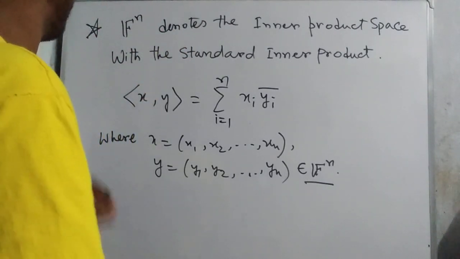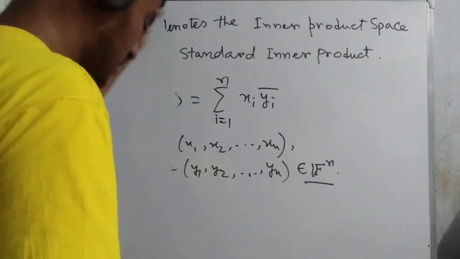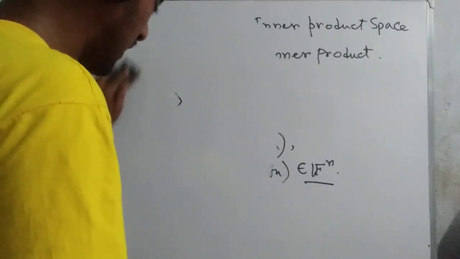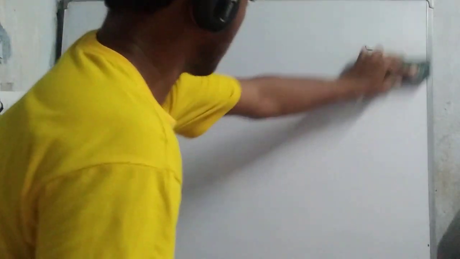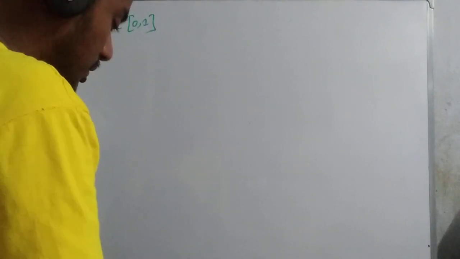A vector space over field F with a specific inner product is called an inner product space. And obviously we also discuss further one. We write it here. Another example is C[0,1]. We also discussed C[0,1] in the previous class.